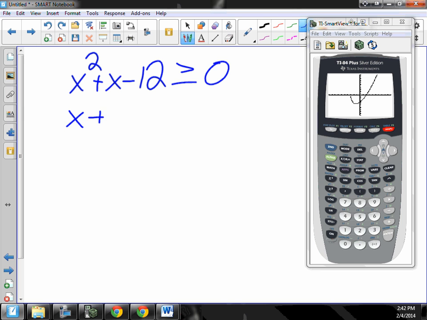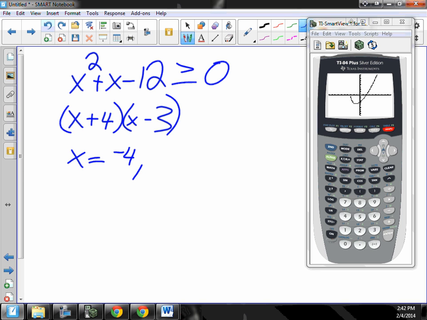x, oops. What do I know about the factors? One's positive and one's negative. Positive 4 and negative 3. So my roots are negative 4 and 3. Okay? Do I even need to graph this to figure out what it looks like?